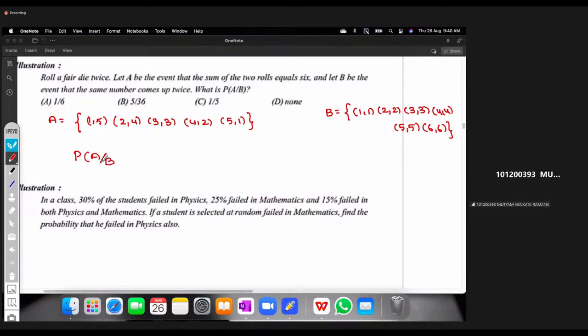What do you write? It means the probability of the sum of the 2 rolls being 6, given that event B, that is, the same number comes up twice.